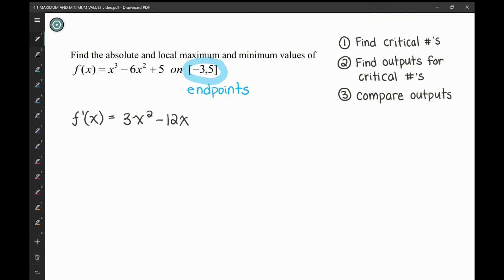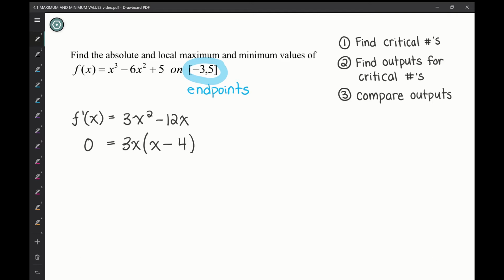Once we have our derivative, we need to find the x values where it's undefined, and where f prime of x is equal to 0. 3x squared minus 12x is never undefined. So next we'll check for where it gives us 0. I notice that 3x squared and 12x both have 3x as a factor, so I can pull that out, and I have 3x times x minus 4.